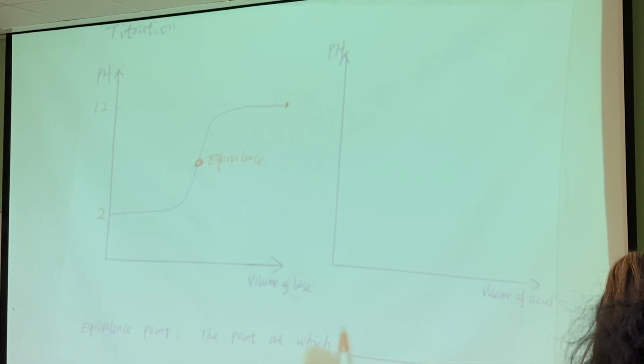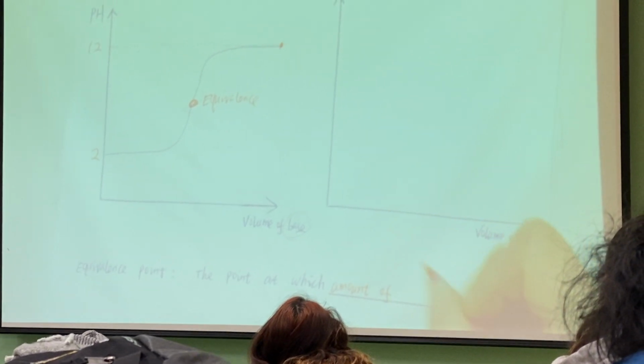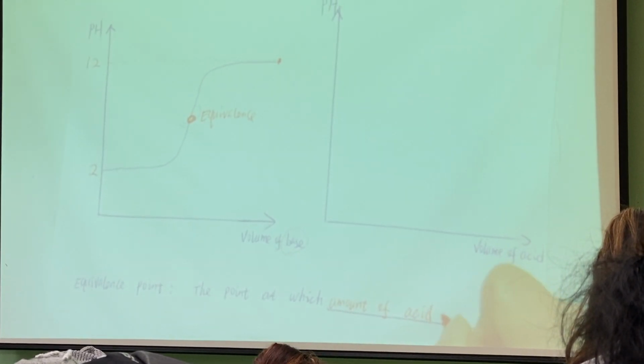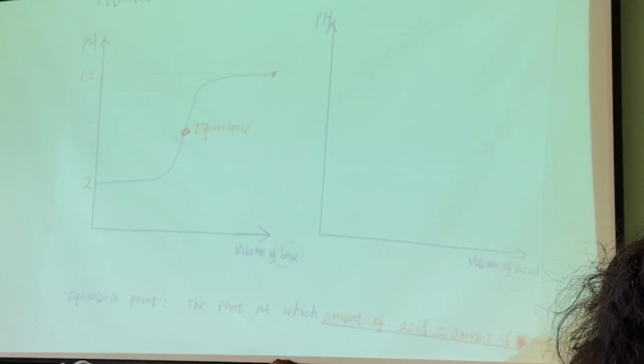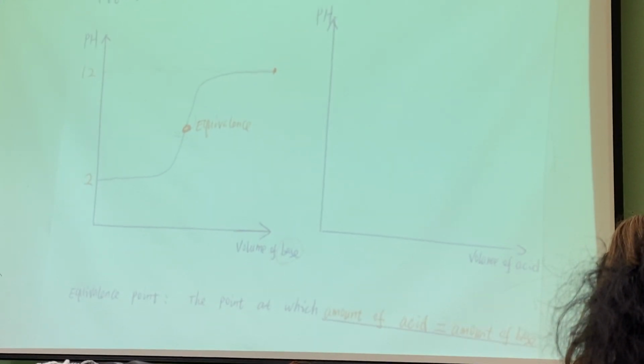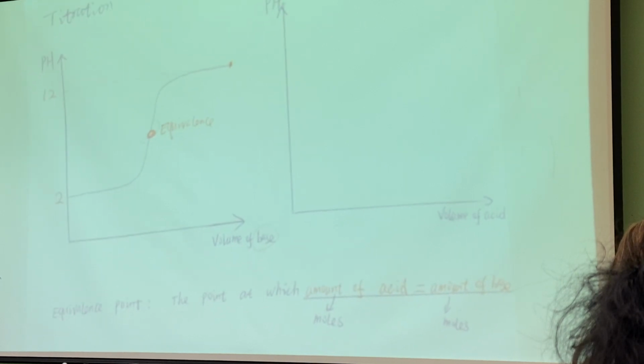It is when the amount of acid equals the amount of base. When we say amount in chemistry, we say moles. It's the moles of acid equal to moles of base.